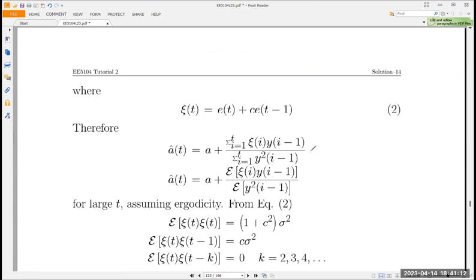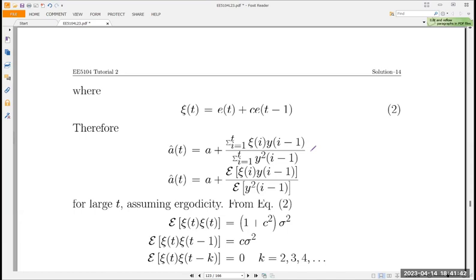What I estimate equals A, the true parameter of your heater, plus something else. The best case is this is 0, then what you estimate equals what is true. So we want to find out what is this.